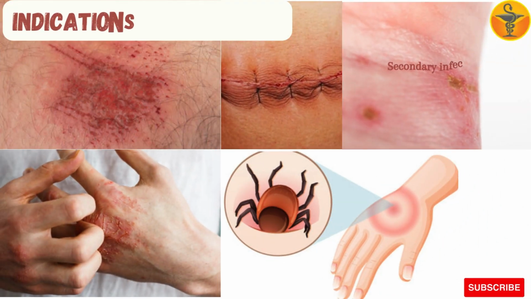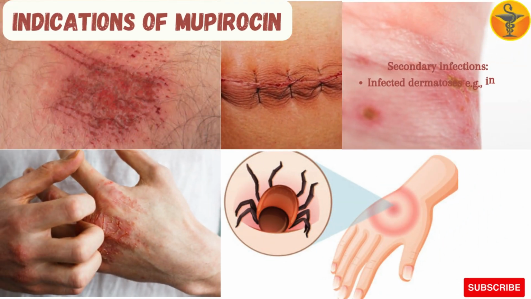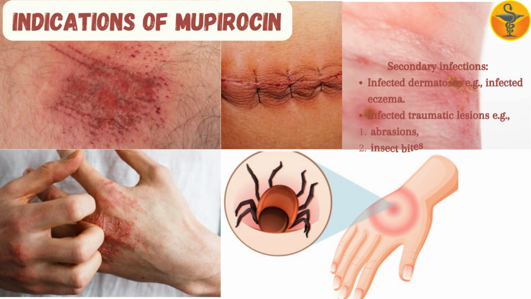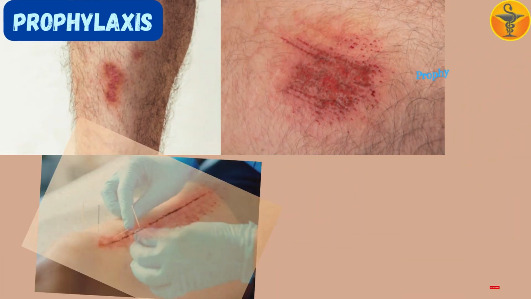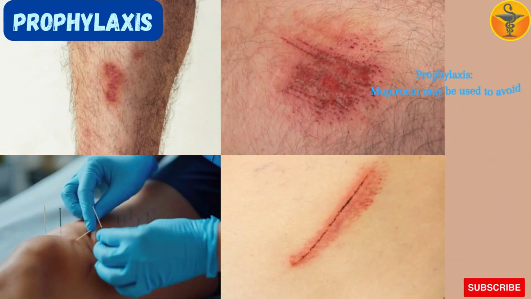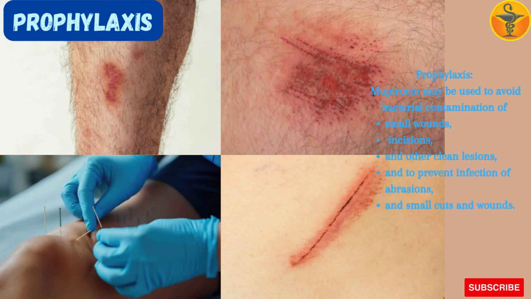Secondary infections: infected dermatoses, e.g., infected eczema, infected traumatic lesions, e.g., abrasions, insect bites, minor wounds not requiring hospitalization, and burns. Prophylaxis. Mupirocin may be used to avoid bacterial contamination of small wounds, incisions and other clean lesions, and to prevent infection of abrasions and small cuts and wounds.